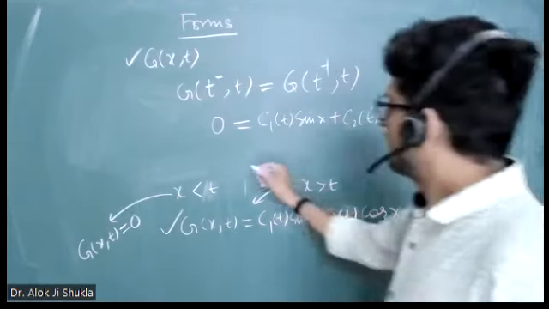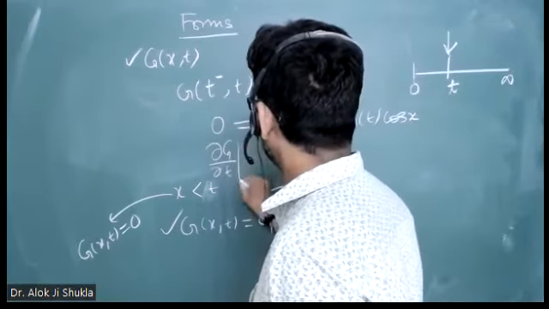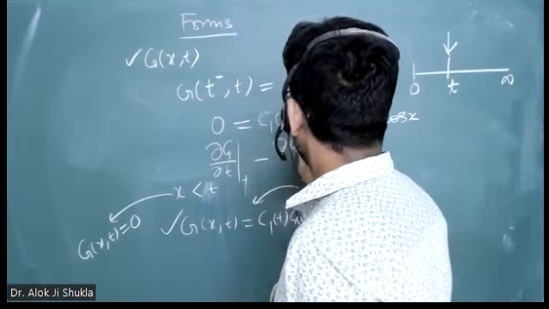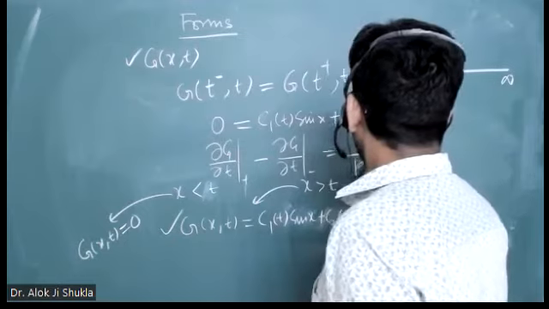Now del g by del x on the right side minus del g by del x on the left side should be equal to 1 by pt.